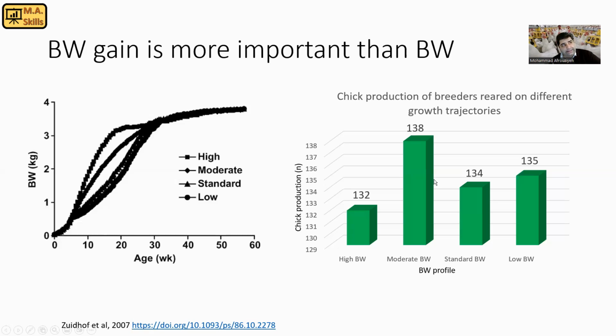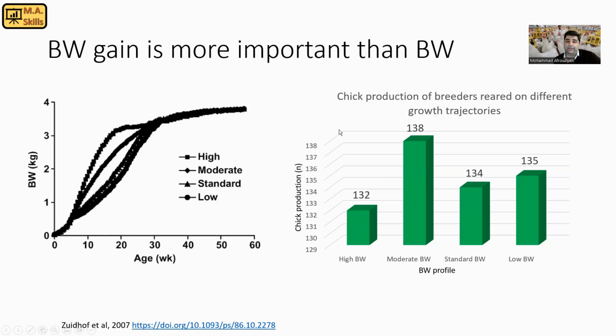From a statistical standpoint, when we ran statistical analyses, they didn't find any significant differences between these groups.